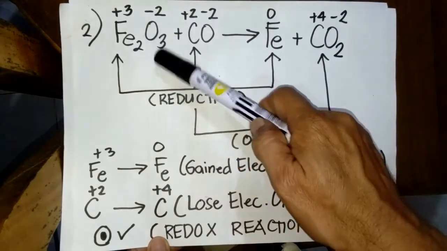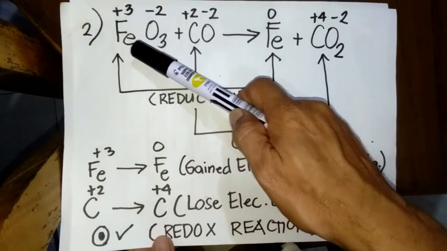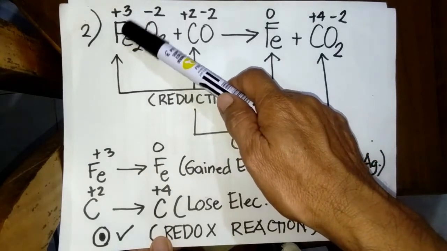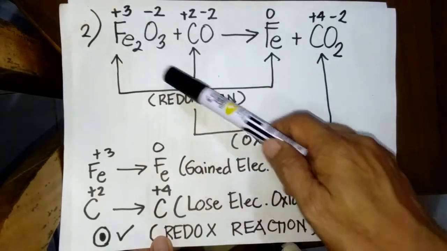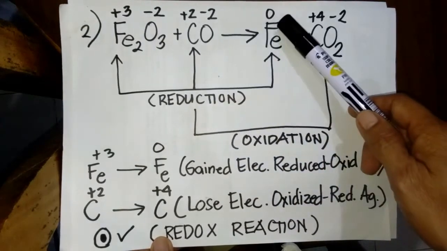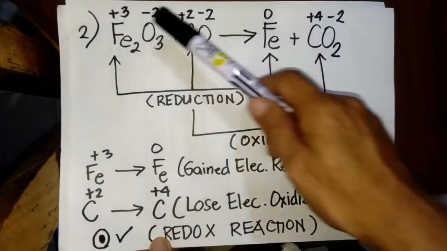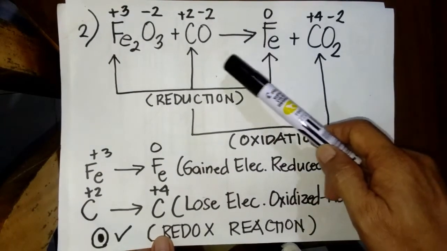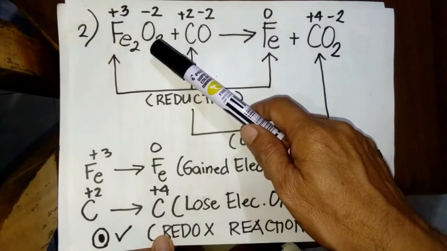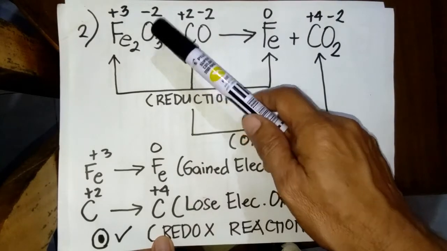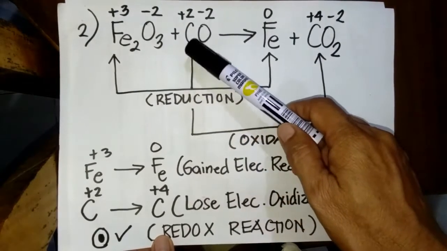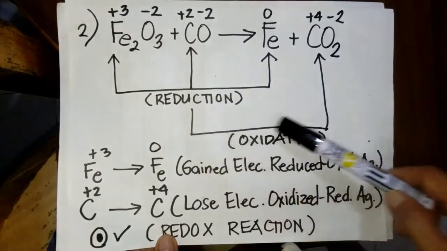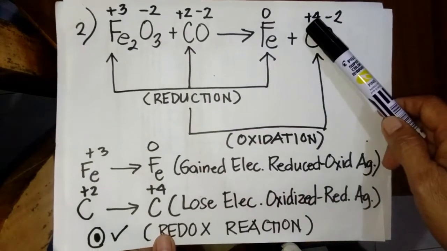In Fe2O3, in the reactant side, iron is positive 3, and it becomes 0. The oxidation number goes from positive 3 to 0. Here, the oxygen is also the same. The carbon in the reactant side goes from positive 2 to positive 4.